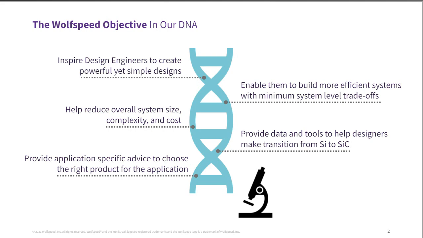Again, we strive as a company to provide the tools necessary to make your job easier, providing that application-specific advice to help you choose the right product for your application. Some of the webinars we've done in the past have focused on applications, but today we're going to be focusing on the evaluation tools and reference designs that we offer as a company to help you.